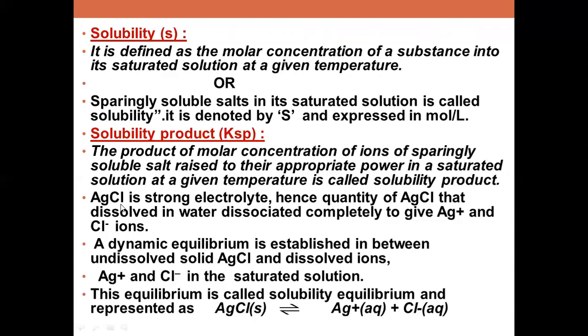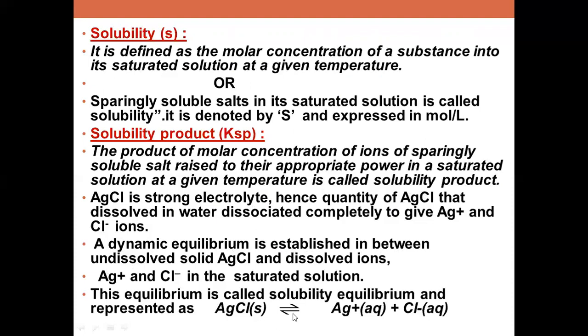Suppose here AgCl is a strong electrolyte, hence the quantity of AgCl that dissolves in water is dissociated completely to give Ag+ and Cl- ions. A dynamic equilibrium is established in between.